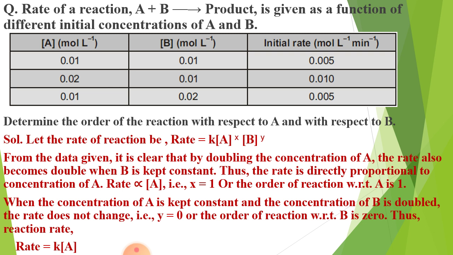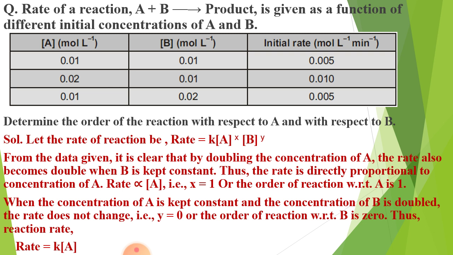So that means the rate does not depend upon the concentration of B. So when the concentration of A is kept constant, from experiment number 1 and 3, and the concentration of B is doubled, the rate does not change. So the power Y should be 0, or the order of reaction with respect to B is 0.